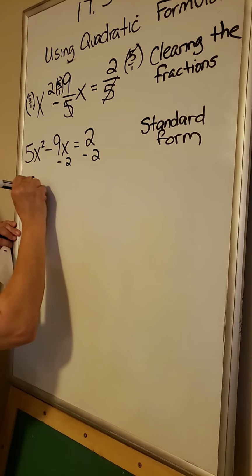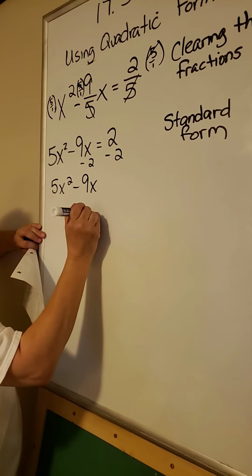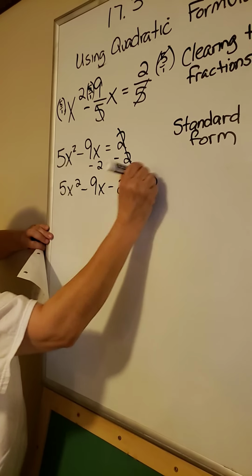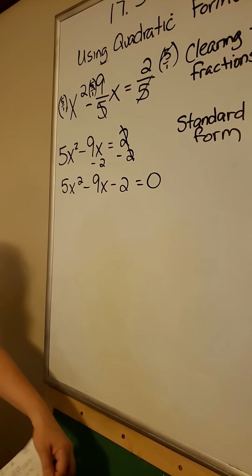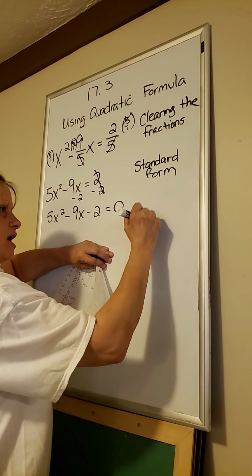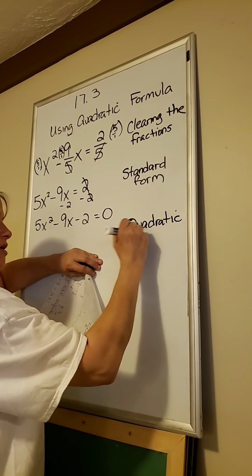So that's going to give us 5x squared minus 9x minus 2 equals 0. Now we're in standard form, so we can go ahead and use the quadratic formula.